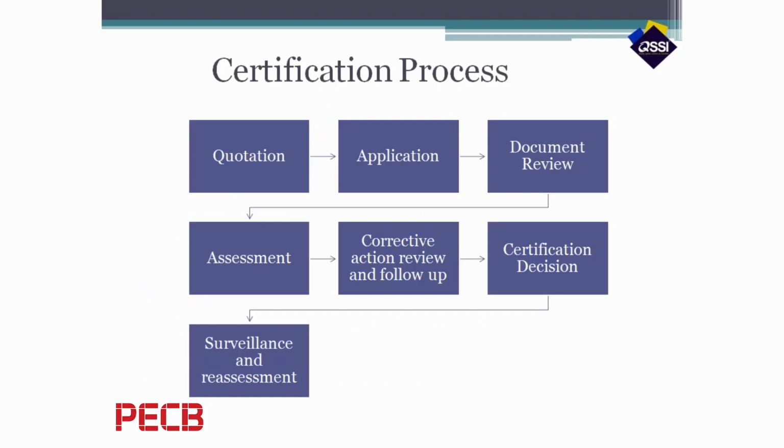Now, the certification process, this is an overview. Normally the CB would give you a quote, and you can get the quote at any time during the process. When you begin the implementation process, you can get the quote just to get an understanding of what it would cost. But technically, the certification process starts at the application stage, where they ask you for certain details.